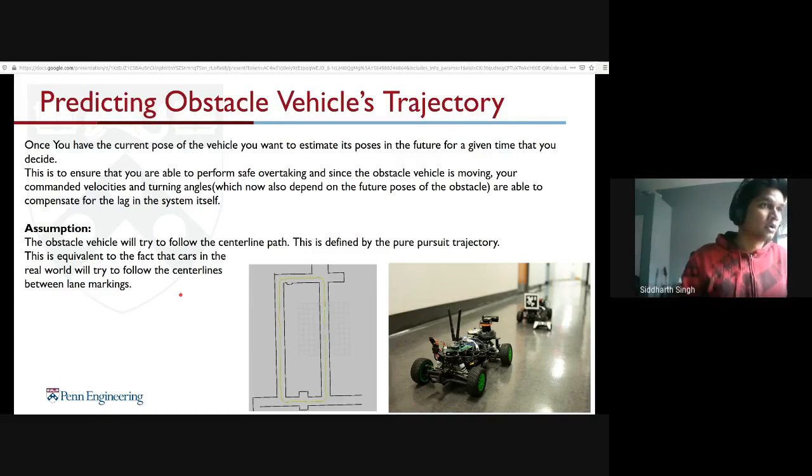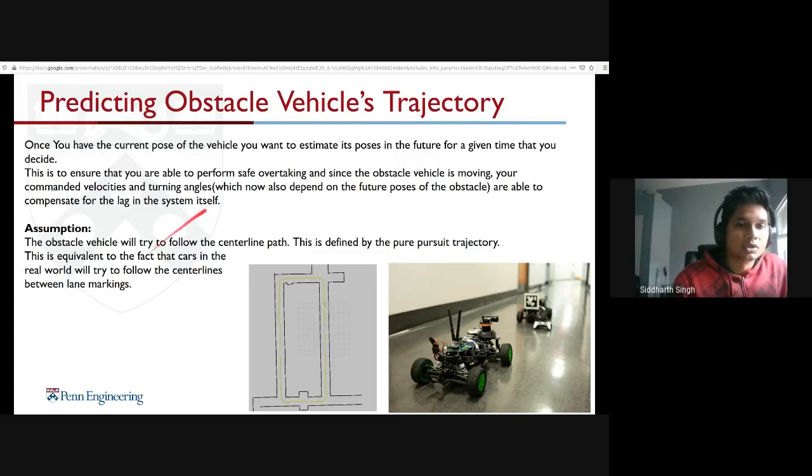More often than not, what we use is the pure pursuit trajectory, which is the trajectory that we have found from the map. And we say that I am more than confident that the vehicle I'm seeing is also racing against me, so it will also follow the same track that I will, confined by these walls. So more or less, it's going to follow this pure pursuit trajectory, and this is equivalent to cars following the lane markings of the road.